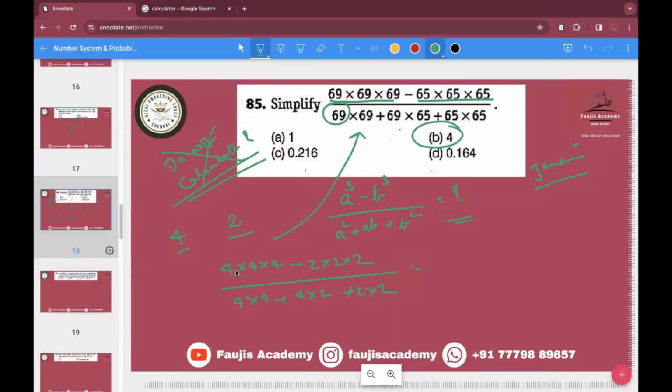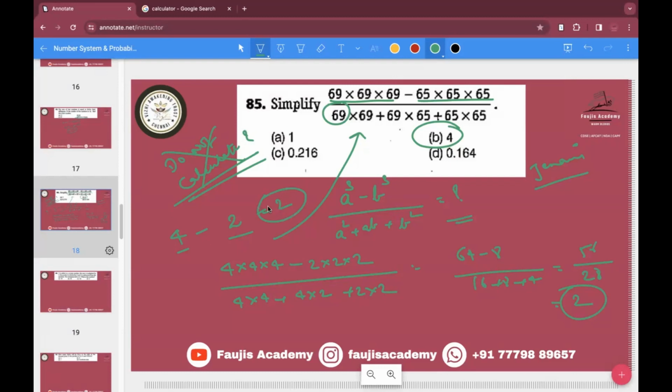Now it's easy for us to calculate. 64 minus 8, over 16 plus 8 plus 4. How much is that in the denominator? Is it 2? What did you observe? This 2 is the difference of 4 minus 2.